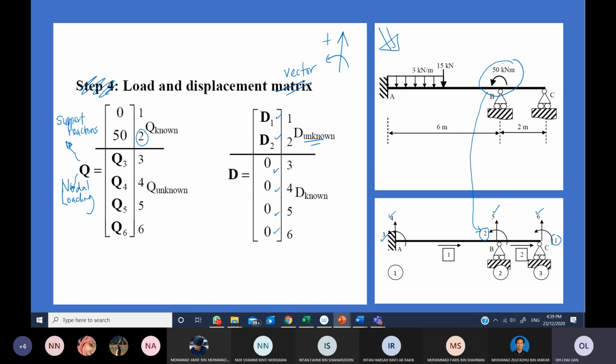Okay, I want to test you. What if I have a loading of 20? This is only added just to test you. So 20 kilonewton. Can I know what happened to my Q?